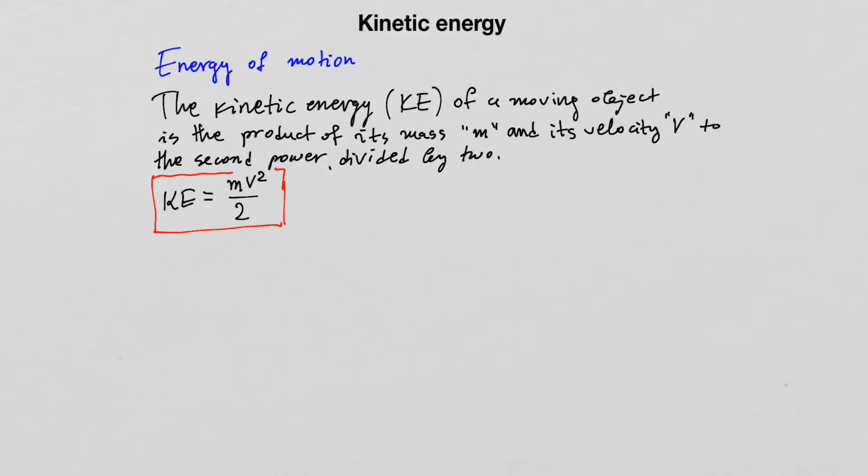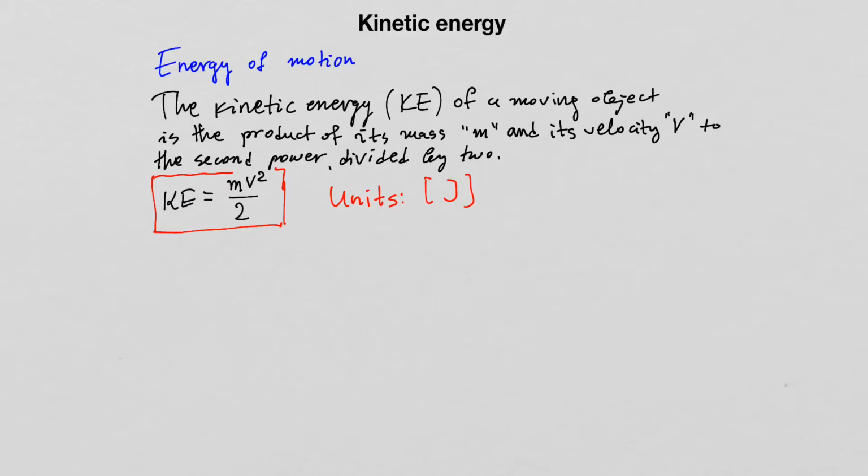What are the units that are used to measure kinetic energy? The units are called joules, and they carry the name of James Joule, who was able to develop the notion about the relationship between work done and change in energy.